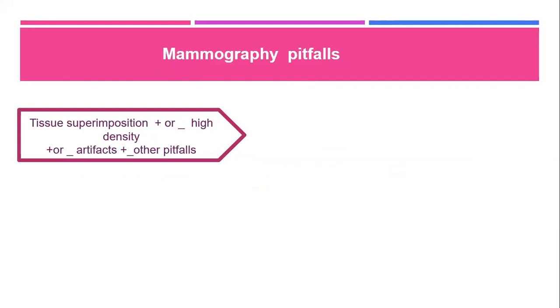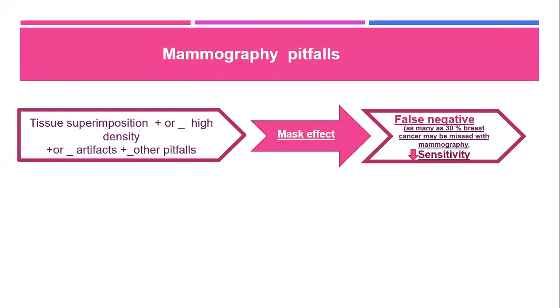Okay, so as you know, 2D mammography has a lot of limitations and pitfalls. The major limitation is tissue superimposition, along with high density and artifacts, along with other pitfalls, which can mask the underlying lesion and result in false negatives, with cancer missed in up to 30%, and therefore decrease the mammographic sensitivity.